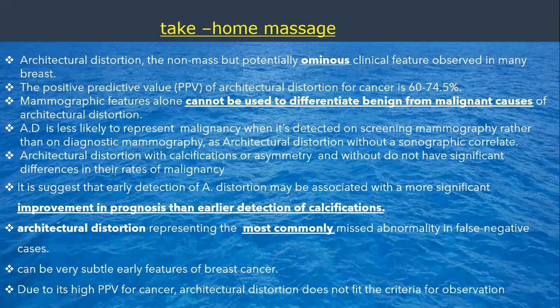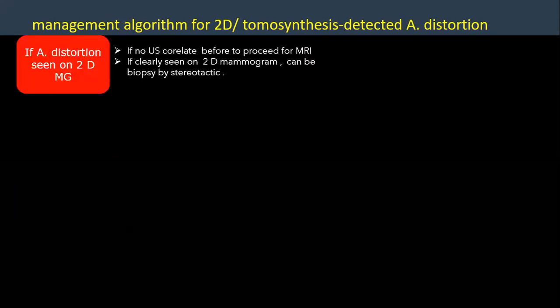Go for biopsy. How do we manage architectural distortion detected on 2D or 3D, and what is the algorithm? If you prove this is a real abnormality, an architectural distortion on 2D mammography, and you have the facility for 3D, you can do tomosynthesis to prove it.